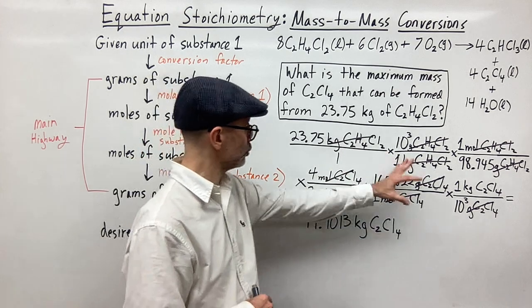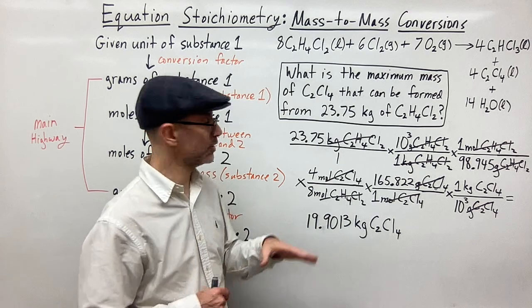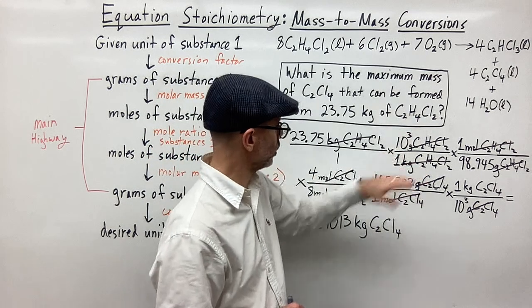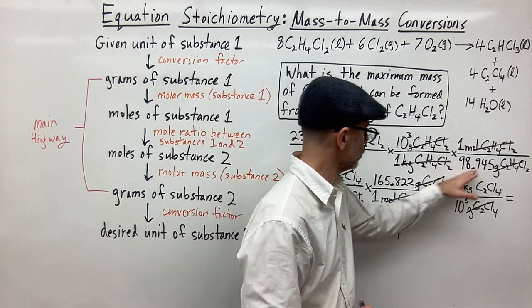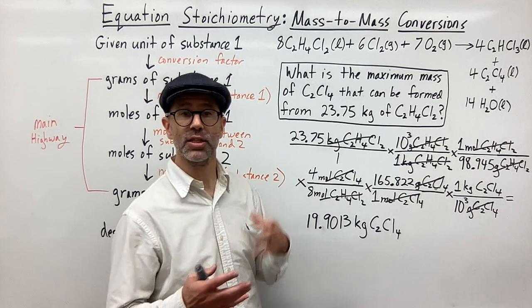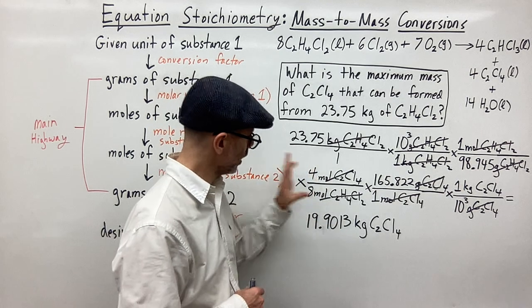So I got to go back to the measurements. We're going to ignore anything that's exact. Metric to metric is exact. So this conversion factor will ignore, and this conversion factor will ignore. Mole ratios are exact. They're just numbers of moles related to each other. So this 4 to 8, we're going to ignore that.